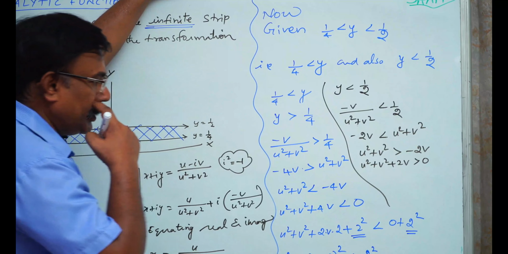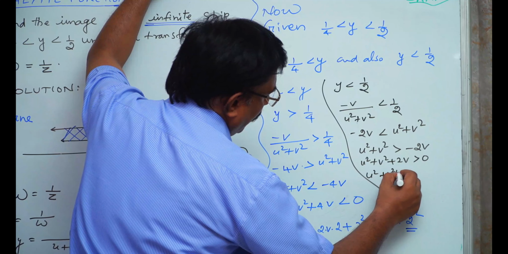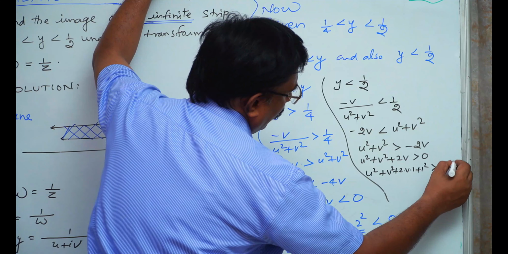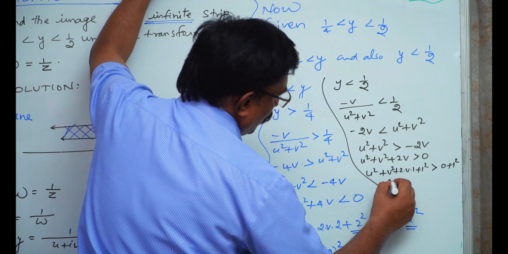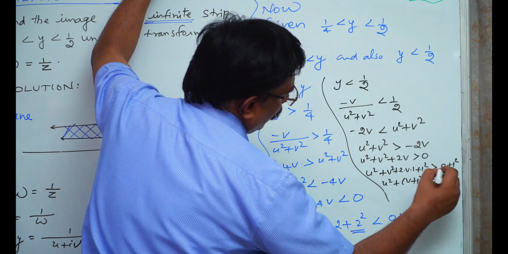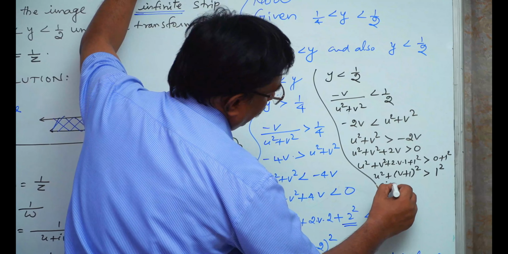Again by the completing square method, we get u² + v² + 2·v·1 + 1² > 0 + 1². So u² + (v + 1)² > 1². This means a circle of radius 1, center at (0, -1). So we will get two circles.